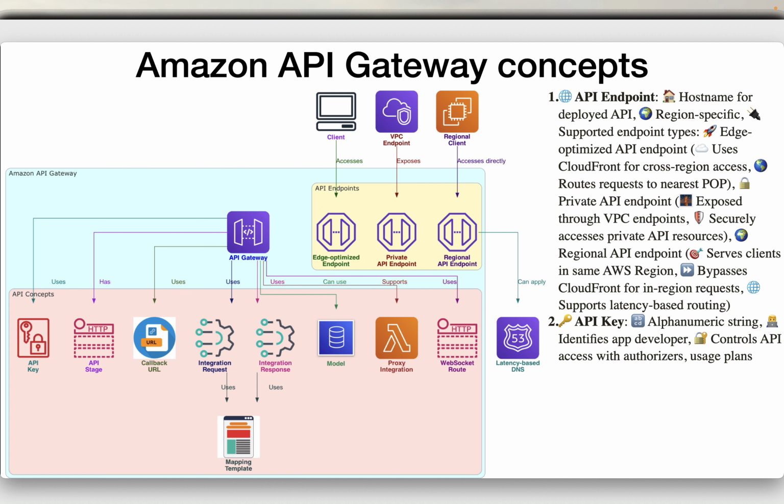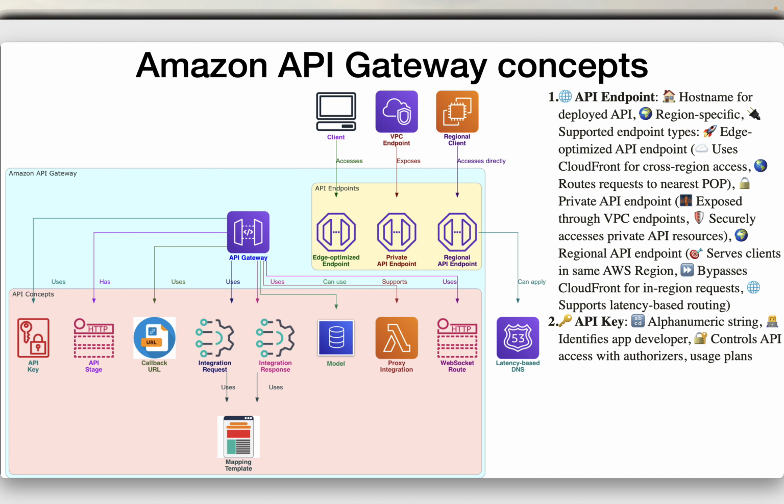The next important concept is API stage, which is a logical reference to a lifecycle state of your API. So you have something like dev, production, beta, v1, v2, and API stages are identified by API ID and stage name. So basically you would have seen something like slash customer slash v1, v2, slash prod. So you just go from one stage to another: dev, QA, prod.